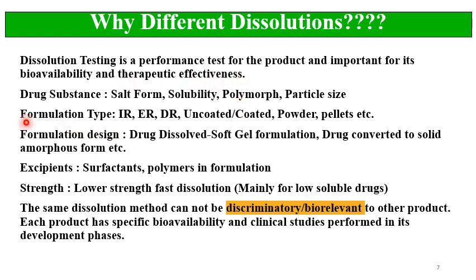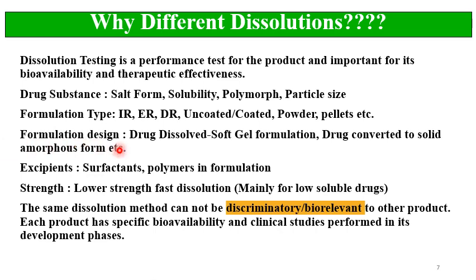Then the second is formulation type. Formulations of the same API may be available in different designs like immediate release, extended release, delayed release, and might be available in uncoated, coated form, powder form, pellets form, and many more. So these formulation types are required to be considered while developing a dissolution method.